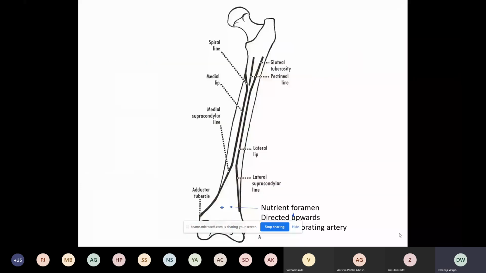Once again, there is a schematic diagram. You can see there is a medial lip and a lateral lip. The medial lip in the upper portion is continuous and diverges. There is a spiral line. Another line is the pectineal line. You can identify this pectineal line properly, and the lateral lip continues upward towards the gluteal tuberosity.